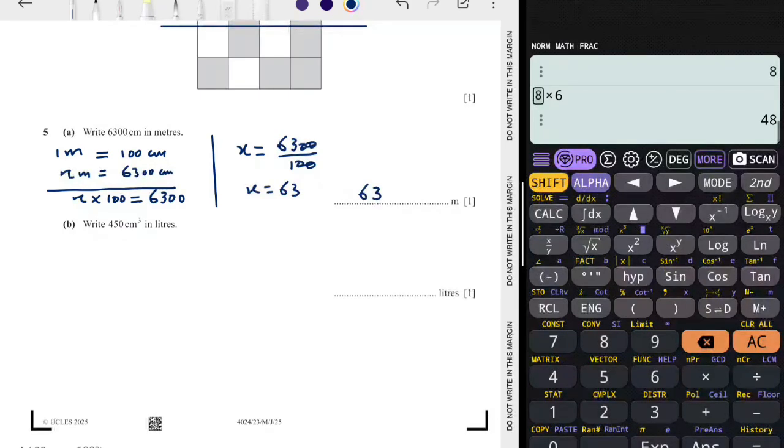Next question. Write 450 cubic centimeter in liters. We know that 1 liter is equal to 1000 cubic centimeter. 450 cubic centimeter will be how many liters? We do cross multiply.